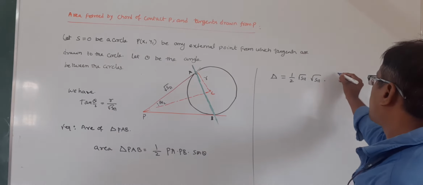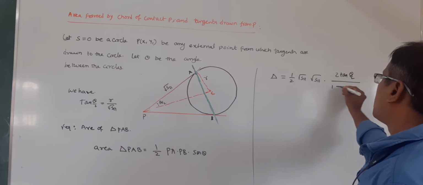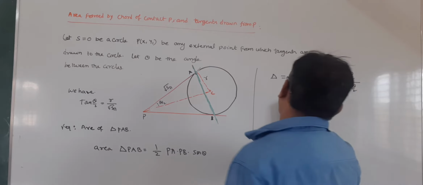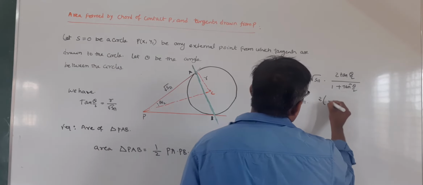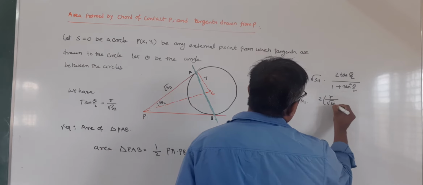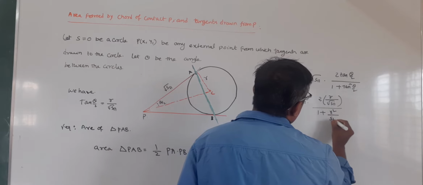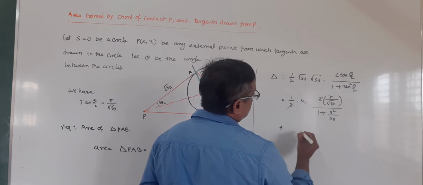Now sin theta can be written as 2 tan theta by 2 by 1 plus tan square theta by 2. So half into S11 into 2 tan theta by 2, which is r by root S11, by 1 plus r square by S11. So 2 cancels.